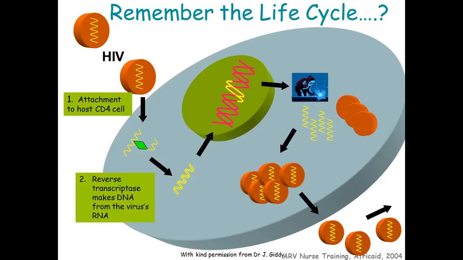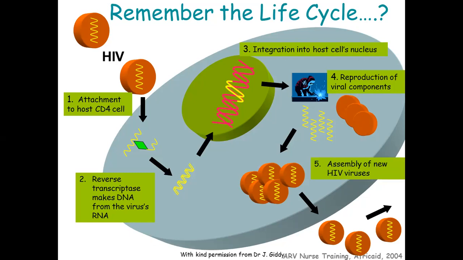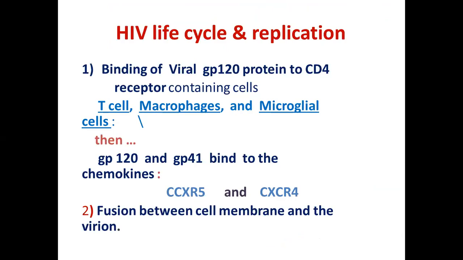See, this is the attachment to the CD4 cells. From here, it gets into reverse transcriptase. To follow this diagram, then integration into the host cells. I've explained this process. Then the reproduction of the viral components will lead to formation, and finally there will be assembly and release. This diagram is very good to get the concept.